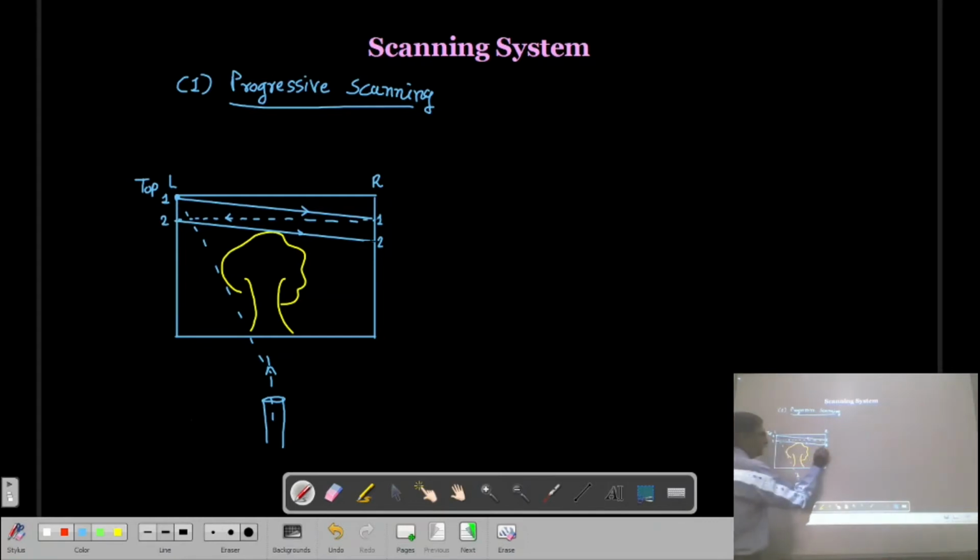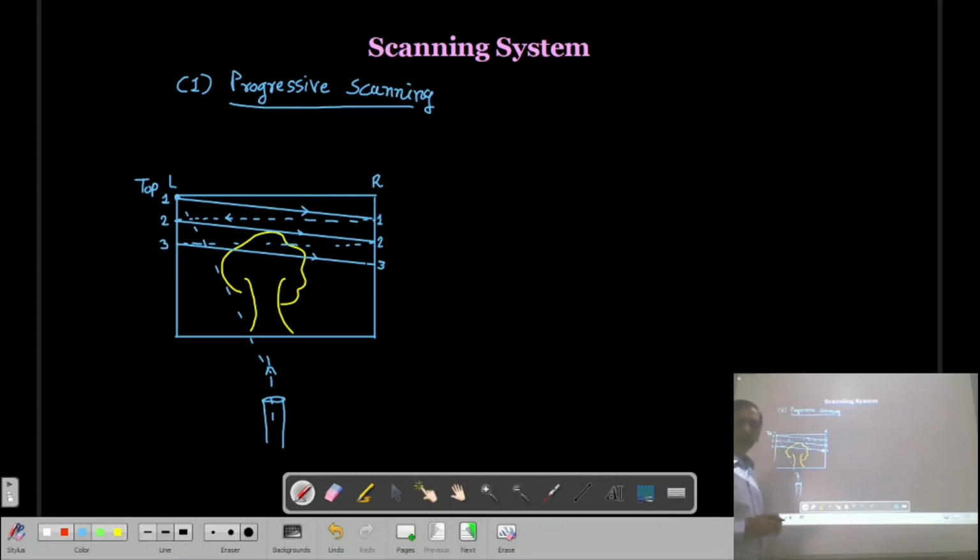When the second line is over, again this beam is coming back for line number 3, and it will trace line number 3. In this way, here you can see in line number 3 there is a variation of the intensity of the light. So the video signal is going to be generated.